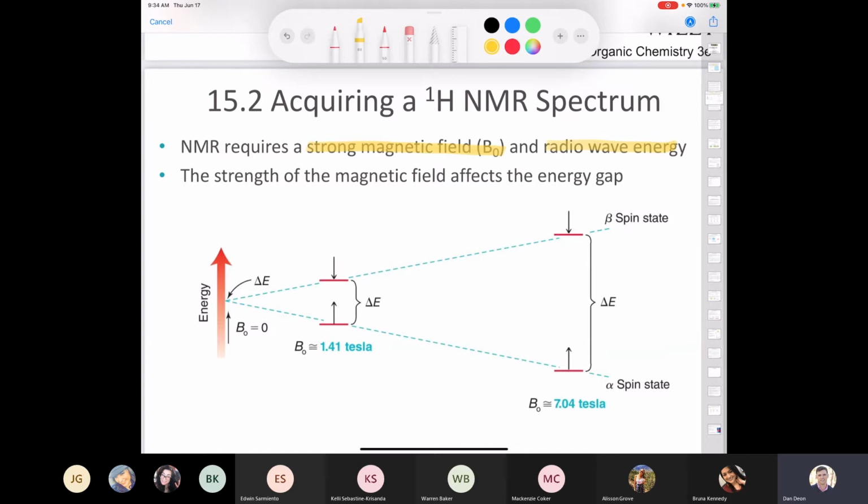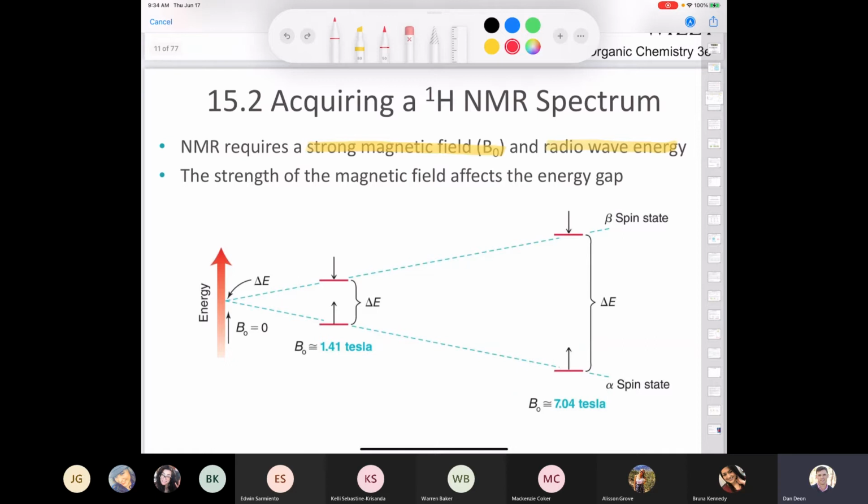And again, I told you that the strength of the magnetic field is what affects the energy gap. So you see here that if we have a weaker magnetic field of 1.41 Tesla, then we have a smaller energy gap between the alpha and beta spin states. If we have a larger energy gap, that would be the result of a stronger magnetic field.